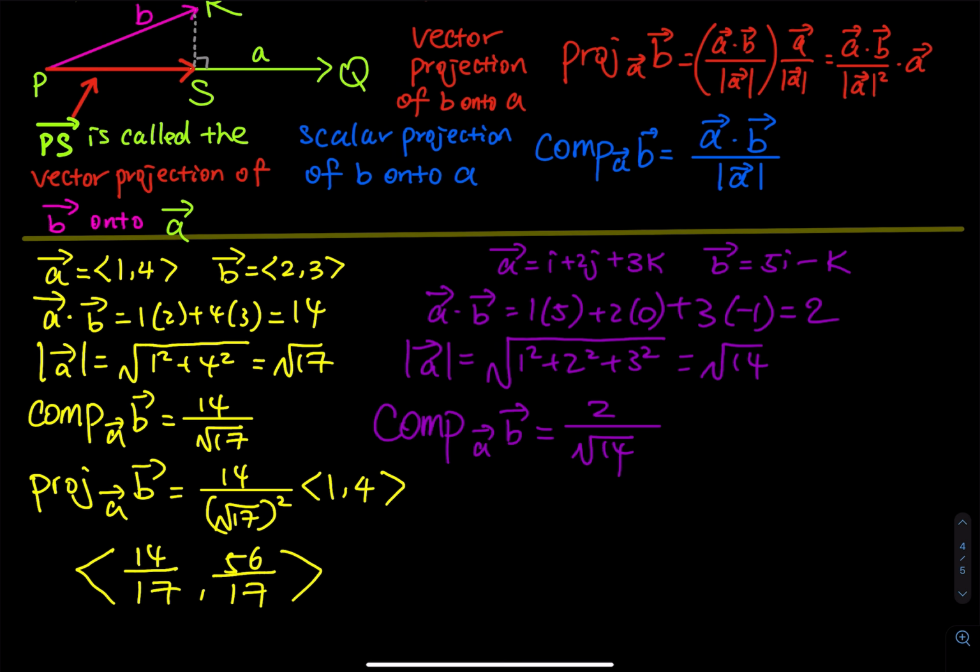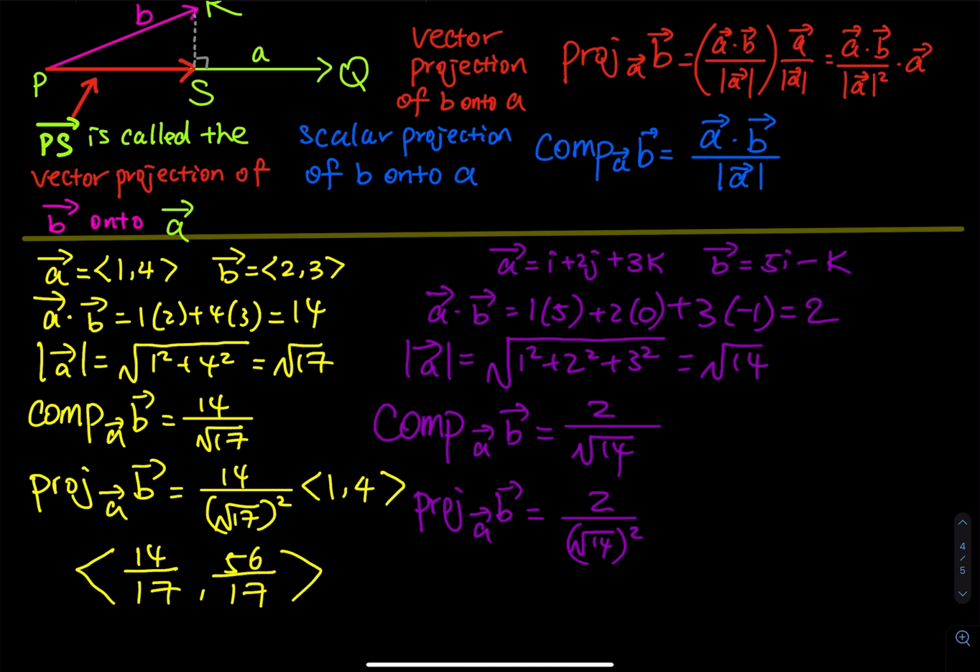And then for the vector projection, we have proj of B onto A, that is equal to, let's pick this piece, either one is fine. We have the dot product, which is equal to 2, and then the magnitude square root of 14, squared, and then we multiply vector A.